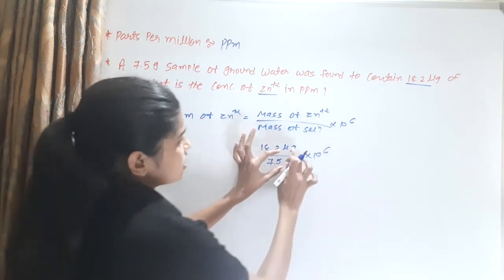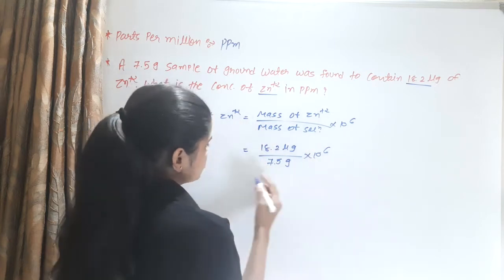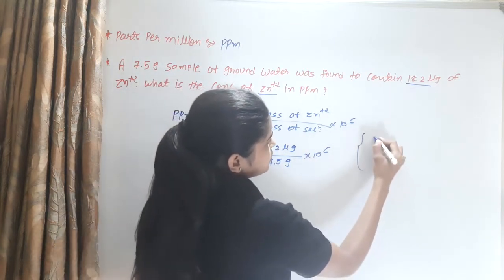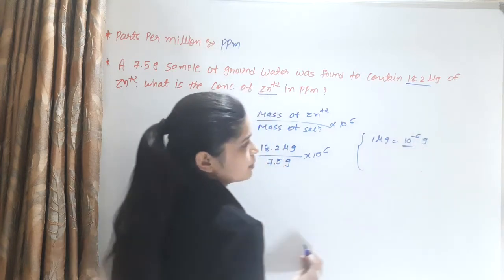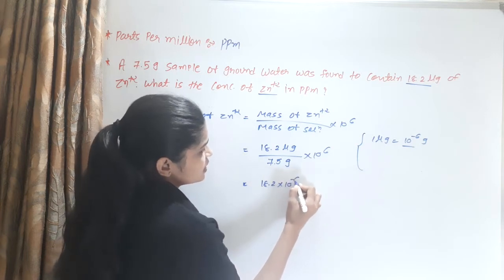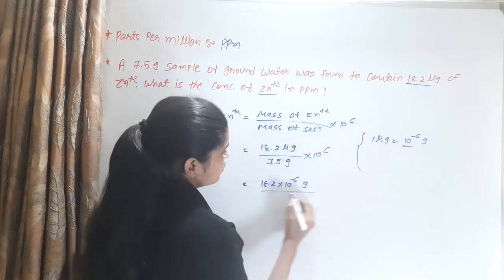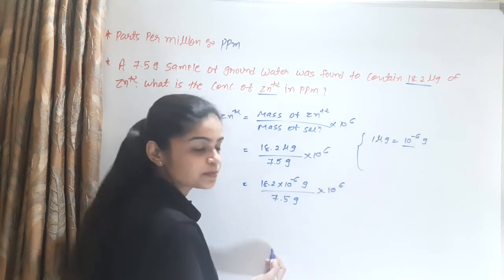First we make the units the same, microgram and gram. So microgram is converted into gram. How to convert? 1 microgram is equal to 10 raised to minus 6 gram. So putting this value: 18.2 multiplied with 10 raised to minus 6 gram divided by 7.5 gram multiplied with 10 raised to 6.